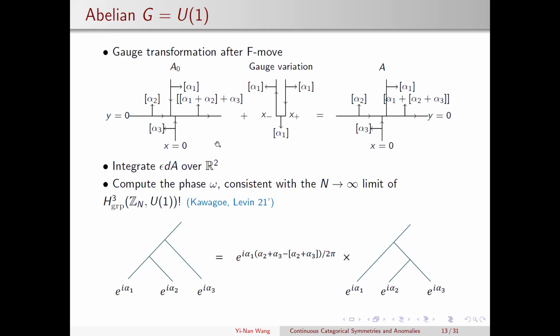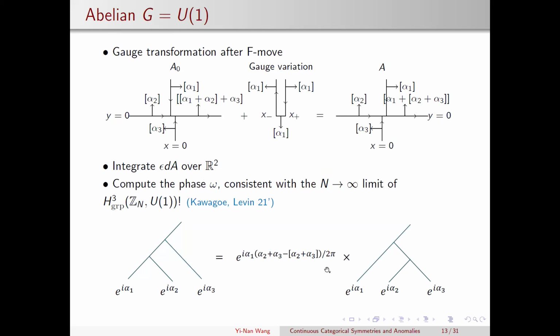With that in mind, we can also compute the dual flat gauge field corresponding to this more complicated configuration before and after the F move. You realize it as a finite gauge transformation of your gauge field A, and you integrate the gauge transformation parameter epsilon times dA over your two-dimensional plane. By that, we successfully compute the phase factor omega, and that's exactly given by this equation.